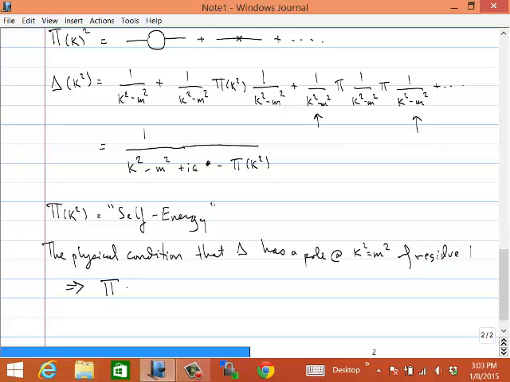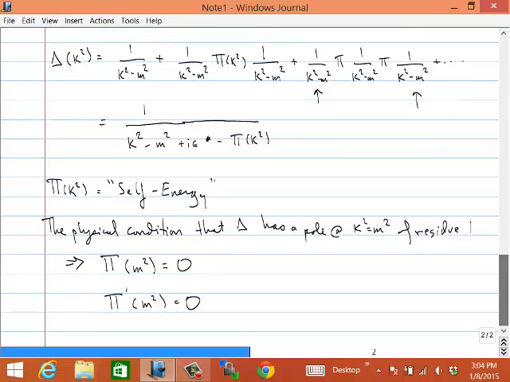In particular, pi at m squared has to be equal to 0. Otherwise, you'll shift the location of the pole. And the first derivative of pi with respect to k squared, evaluated at m squared, has to vanish as well. Otherwise, you would shift the residue of the pole. And these two conditions can then be used to fix the wave function and mass renormalization.